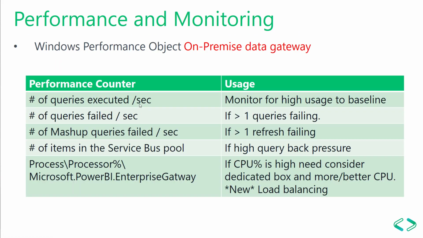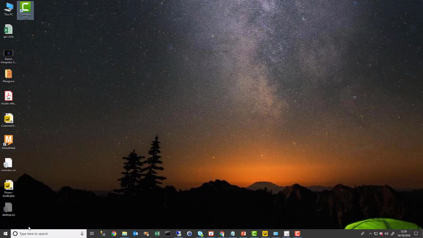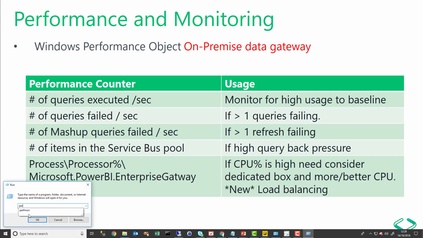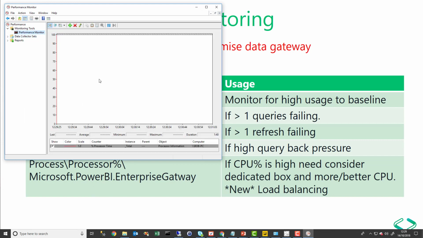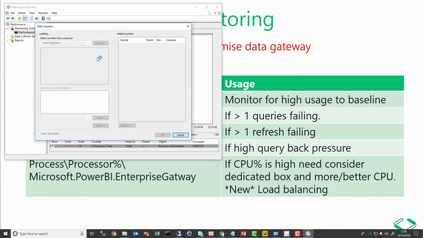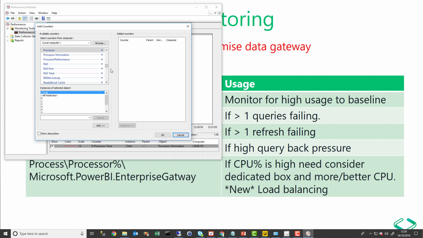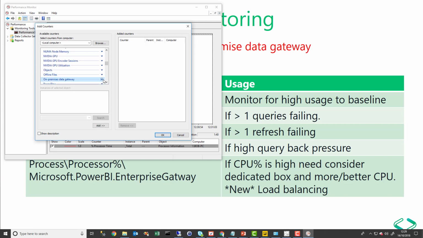Now, how do you have some sort of visibility on the performance and errors in the gateway? Well, there are Windows performance counters. Just to show you this, if I run perfmon, performance counter, add counters, I can go to the on-premise data gateway. Here we go.